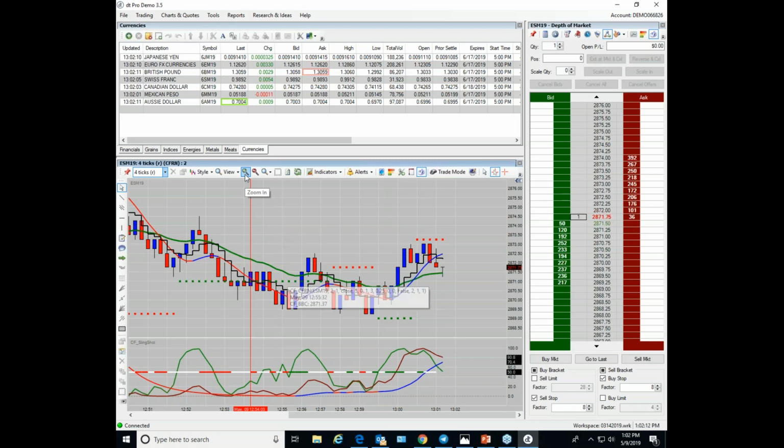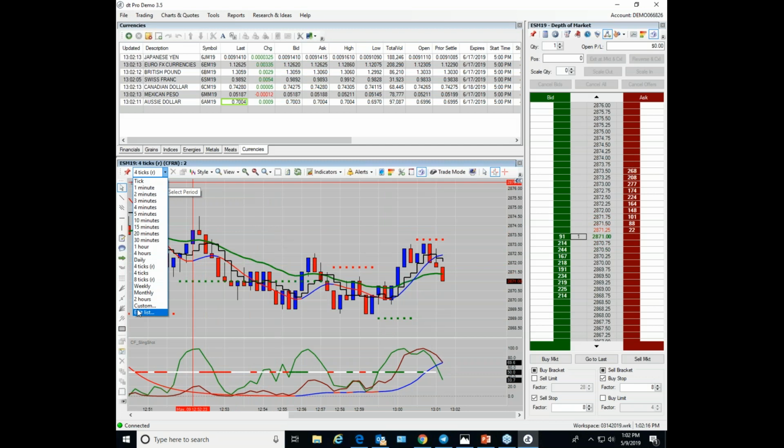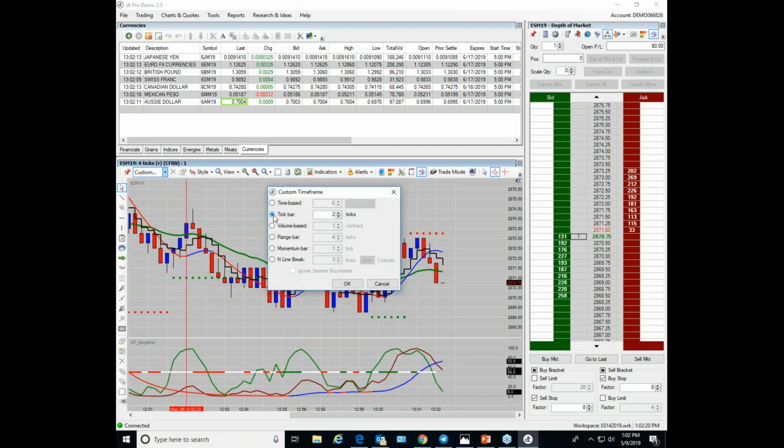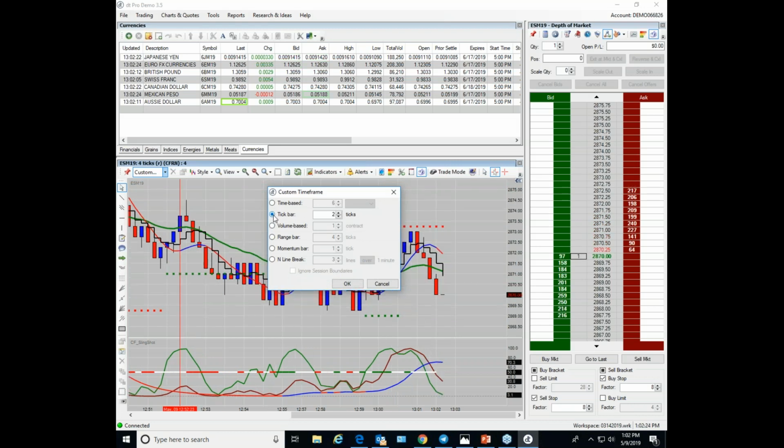Here's the first trap that people fall into. They hit the drop-down box, they run down to custom, they do that great, but they select tick bar because we're always talking about an 8-tick stop and a 10-tick target, and everything is associated with ticks when we're talking about CFRN.